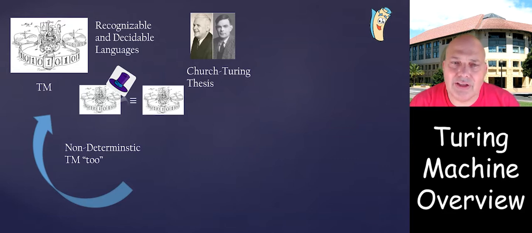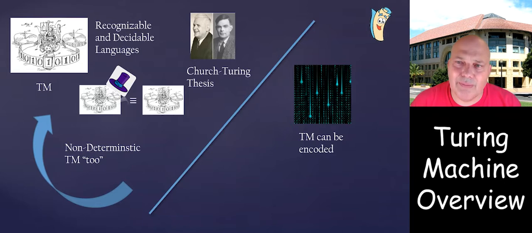But they will be, in some sense, equivalent to deterministic Turing machines, in the sense that whatever can be recognized by a non-deterministic Turing machine can also be recognized by a deterministic Turing machine. So yet again, non-determinism doesn't add a lot of power. And this will change when we look at the third chapter of our class, which will discuss efficiency. With efficiency, the picture will look very different.